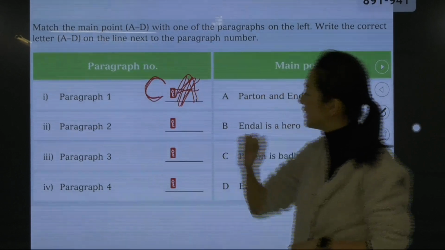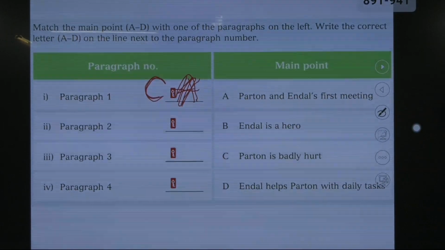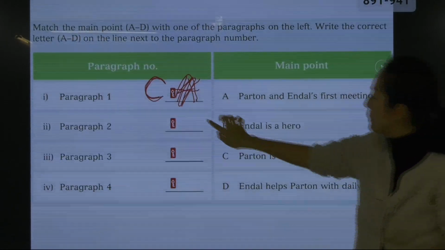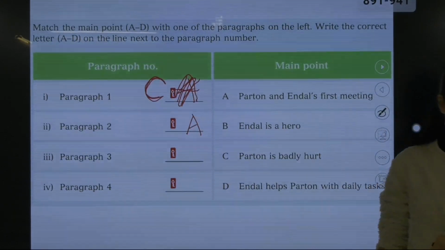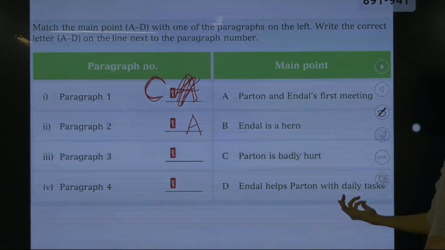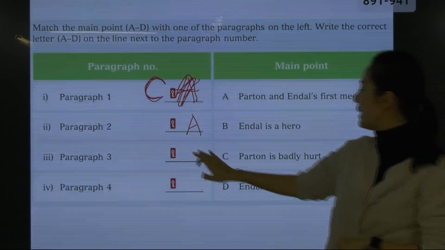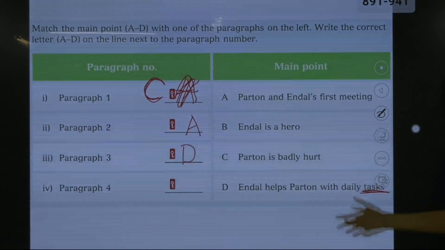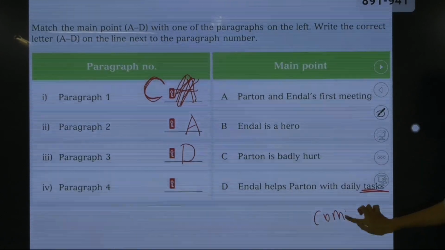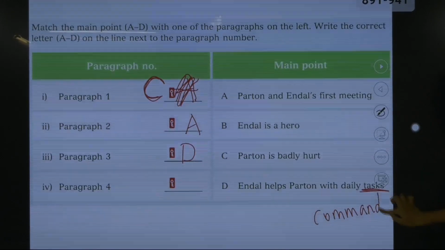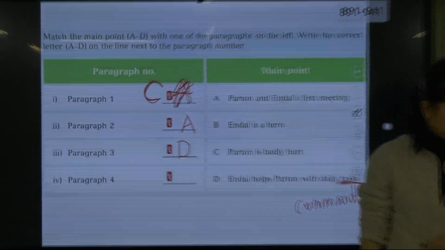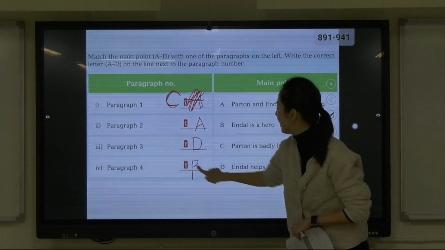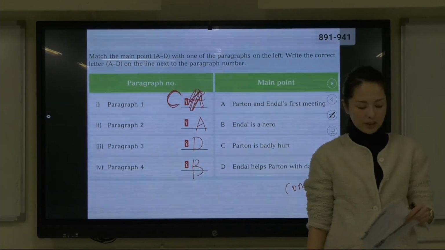He had the accident. And then paragraph 2. They first meet. Okay, they meet each other. And then paragraph 3. Andrew helped Parton with daily tasks. Okay, what you have to do every day. So it can mean commands. And then the last one. Andrew is a hero.